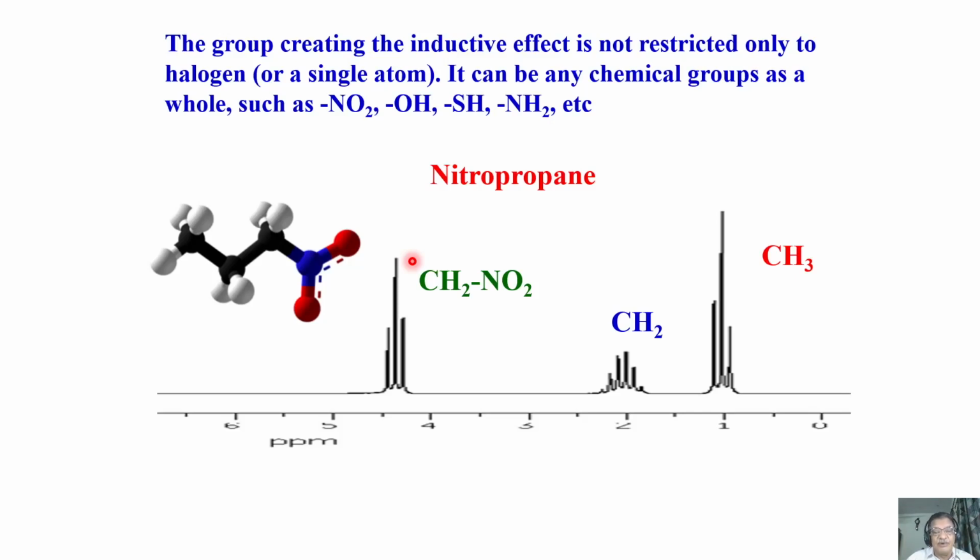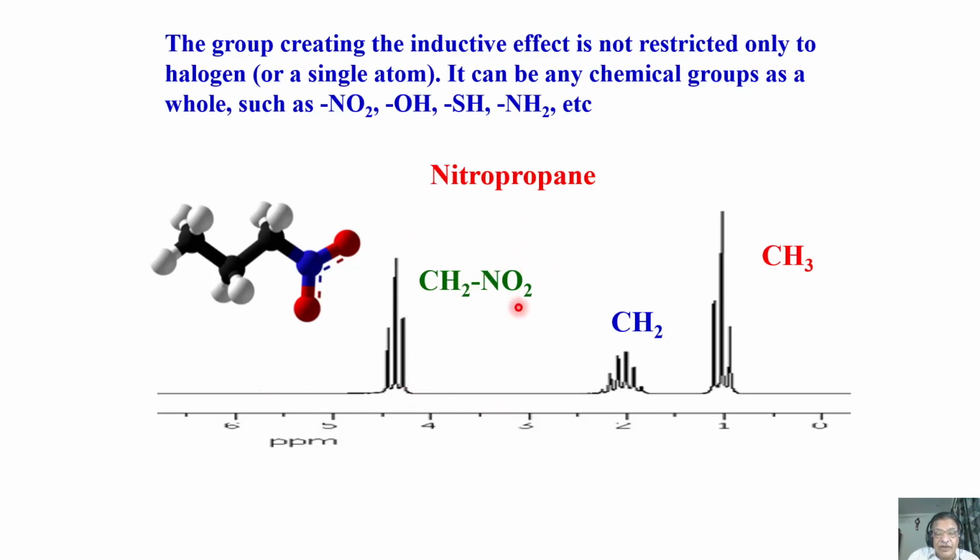Now, your question could be, why NO2? What happens with different functional groups? There are many electron withdrawing or donating groups. Instead of NO2, you can have OH, SH, NH2, varieties of groups. Some may donate electrons, some may withdraw electrons. When electron withdrawing groups are there, these protons move downfield.